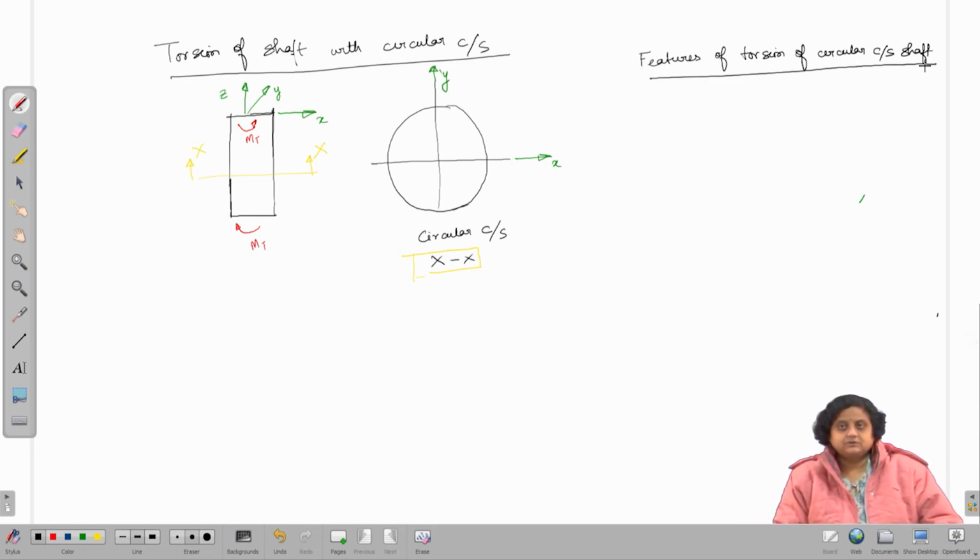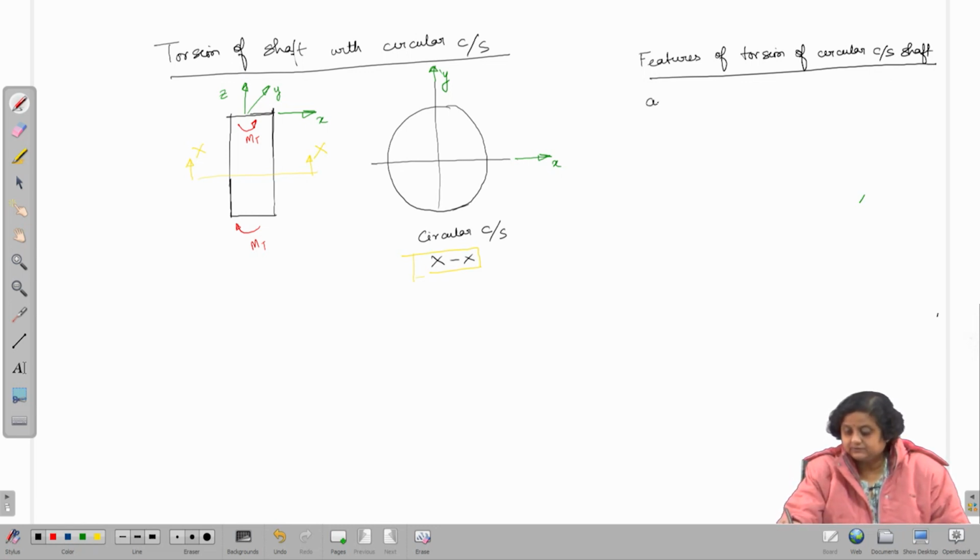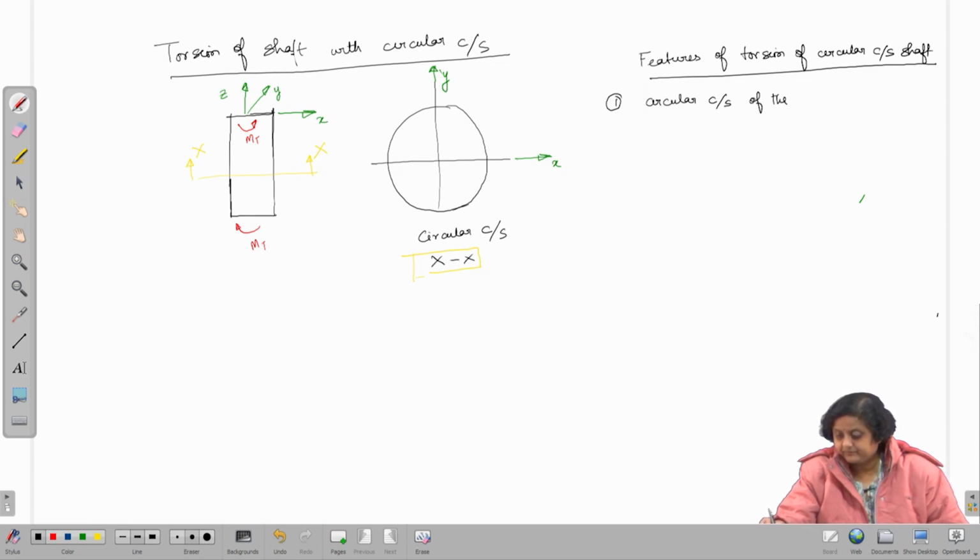The first point that you might know about the torsion of circular shaft is that the circular cross section of the shaft remains circular after the twist.